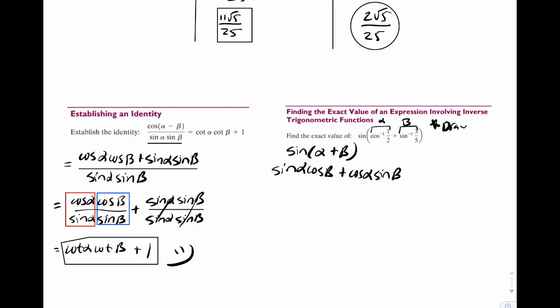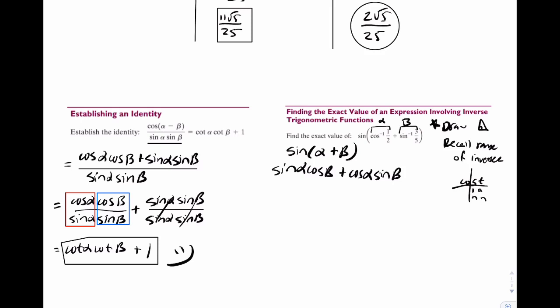Draw triangles. Notice how they're inverses, so you do have to recall the range of inverse functions here. Remember: sine is quadrants 1 and 4, cosine 1 and 2, tan 1 and 4.